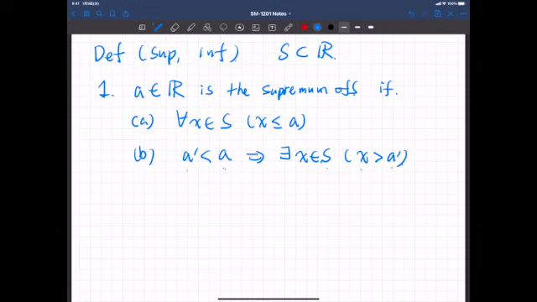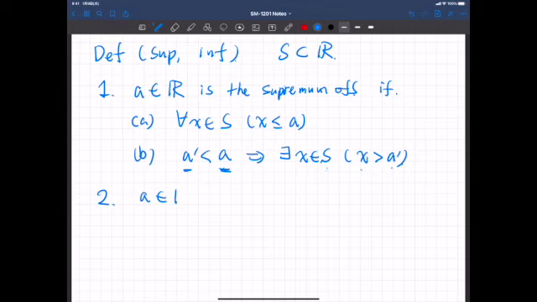So this A prime cannot be an upper bound of S. So this means A is not just an upper bound, but it is the least upper bound of S.